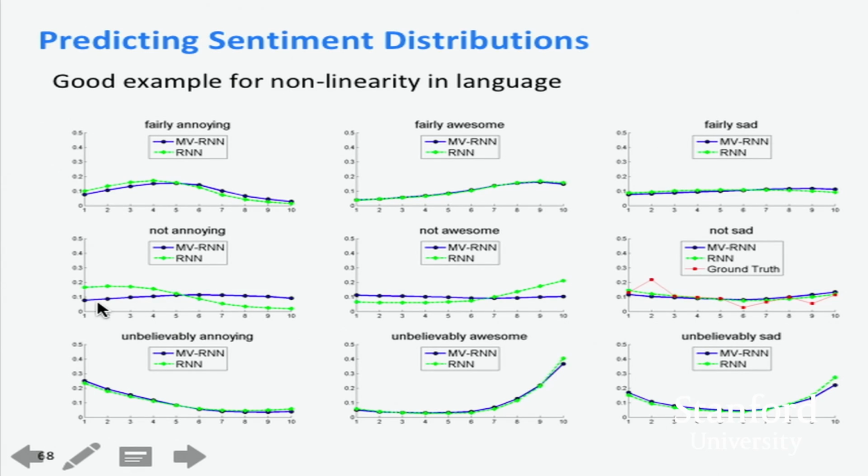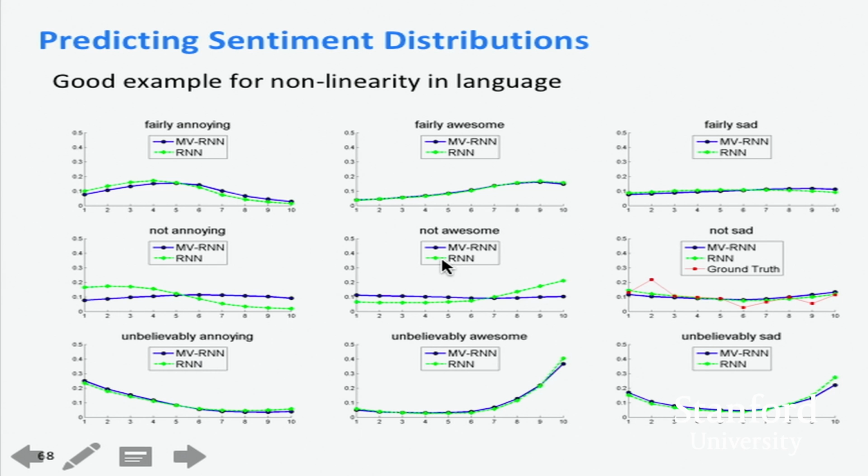And so the distribution that the matrix vector model comes up with is sort of flat, but it's at least basically right, in that it gives the highest probability to the mid-range of the distribution, which is kind of correct.